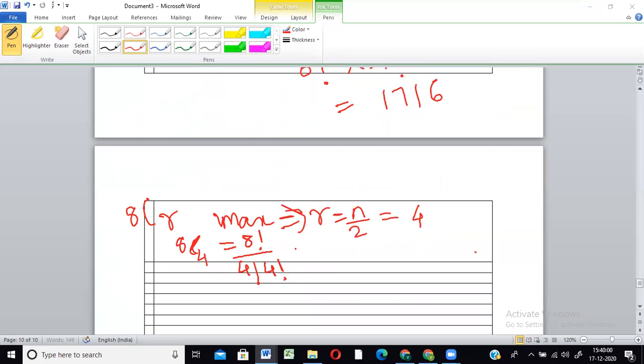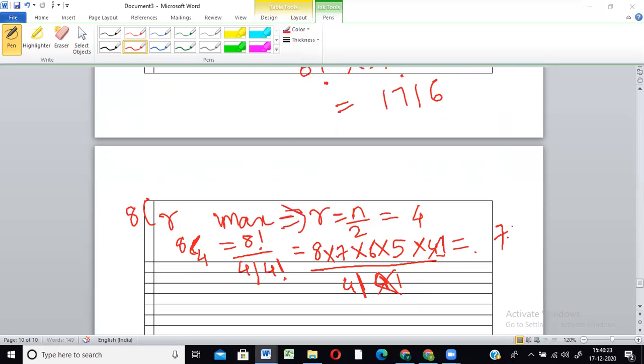That's nothing but 4 factorial. So this is 8 into 7 into 6 into 5 into 4 factorial upon 4 factorial into 4 factorial. Yes, so this 4 factorial gets cancelled, and whatever remains, you can just cancel them and get the final answer as 70.